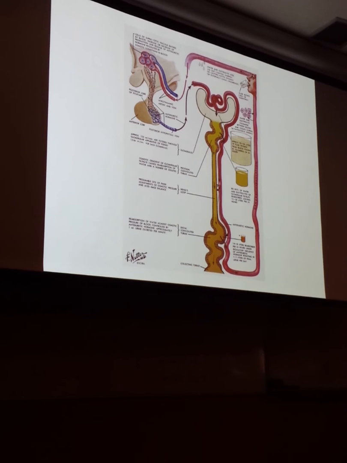Then about 20 liters passes down to the distal tubule and ends up in the distal convoluted tubule, which is where the ADH works. So the ADH hormone is going to regulate the amount of water which is reabsorbed in the distal convoluted tubule of the kidney.